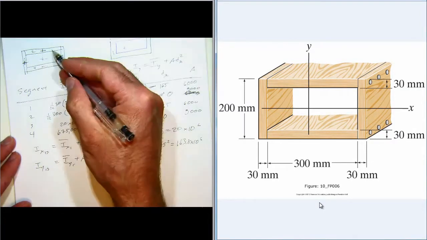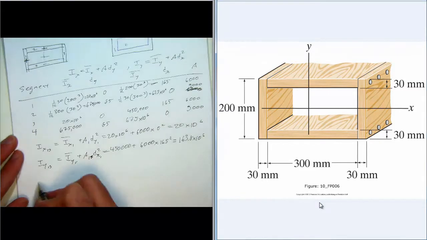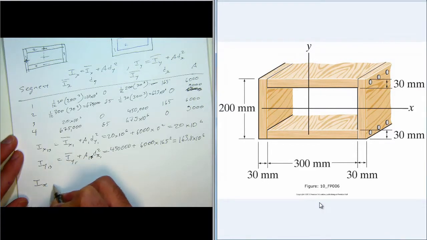And now for elements 2 and 4, about the reference x-axis.